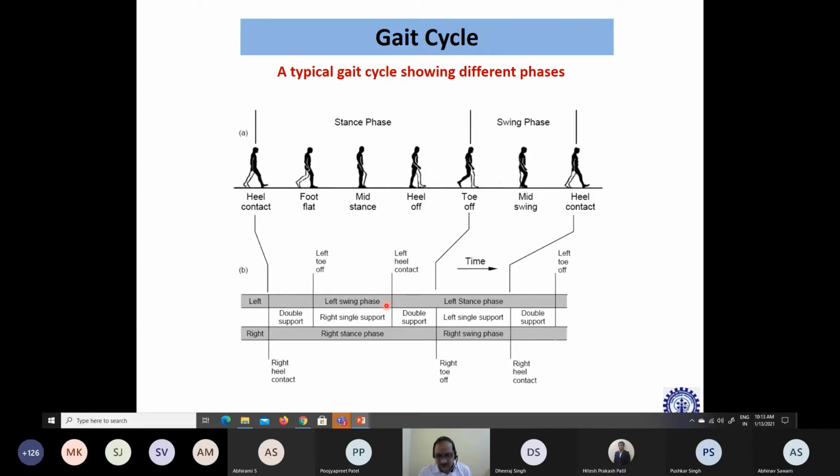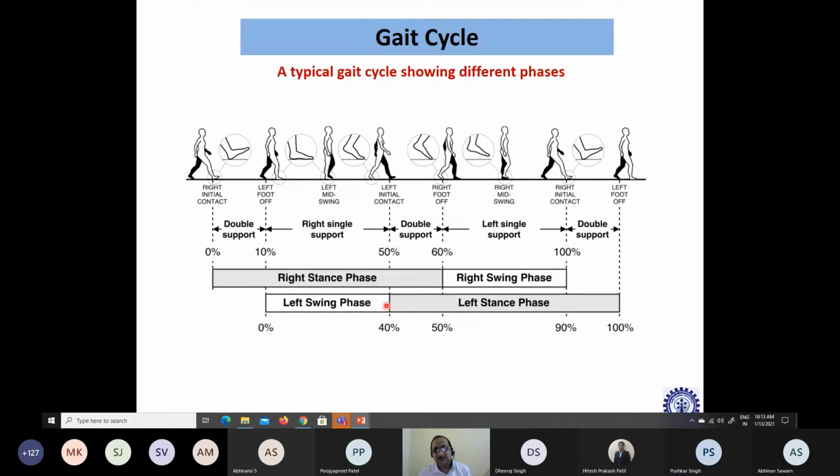So if I try to characterize the gait cycle in terms of percentage, you can see here in the next slide, I have revised this slide for better understanding. When the right stance phase is being executed by the right leg, the left swing phase is being executed by the left leg.